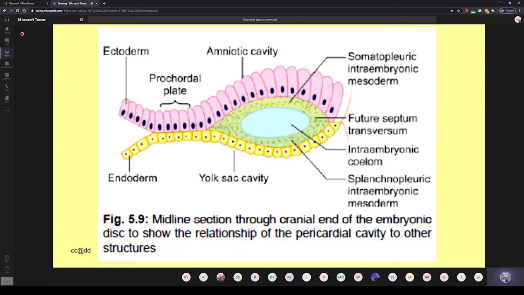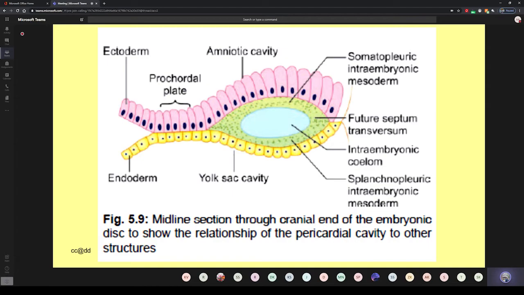This will also be done to you when the heart tube and the pericardial cavity are being discussed, you will learn more about this. This is actually to show you how the pericardial cavity is forming, and later, when the head fold of the embryo happens, what will be the change in the position of the heart with respect to the pericardial cavity.